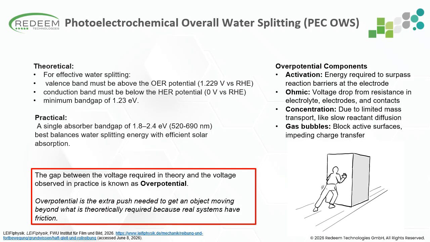Hydrogen and oxygen bubbles can block the active surface area and reduce the contact between electrolyte and electrode. And this increases the effective resistance. These four contributions explain why practical PEC devices always require more than the theoretical 1.23 volts, and why reactor engineering is just as important as catalyst development to overcome this.